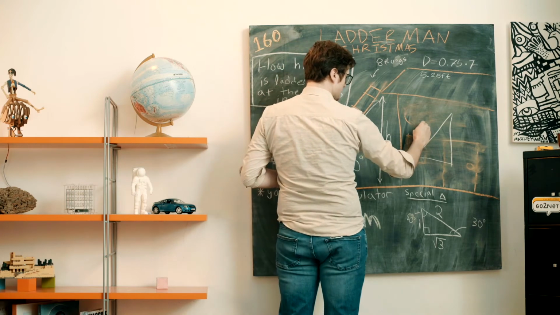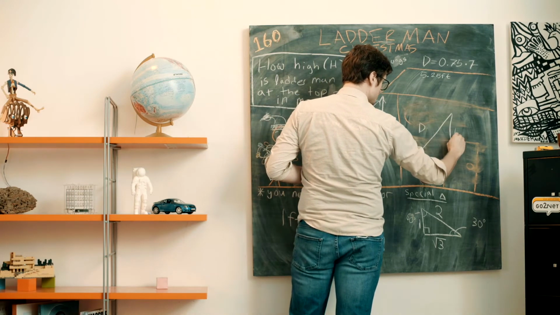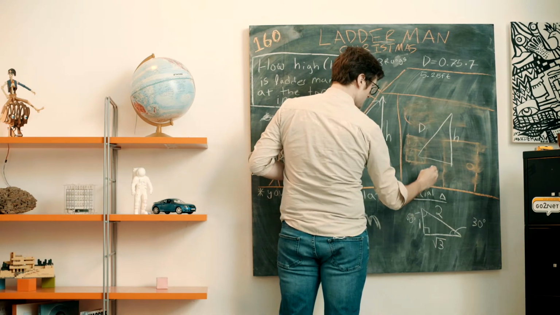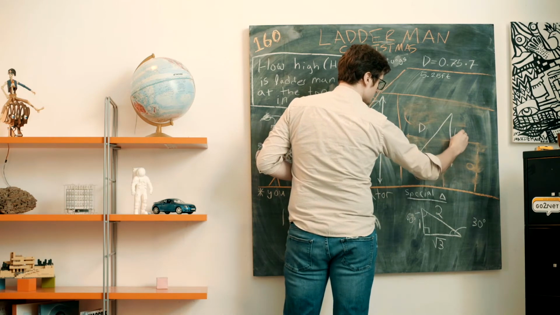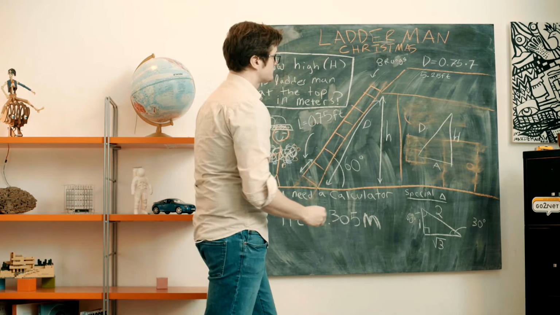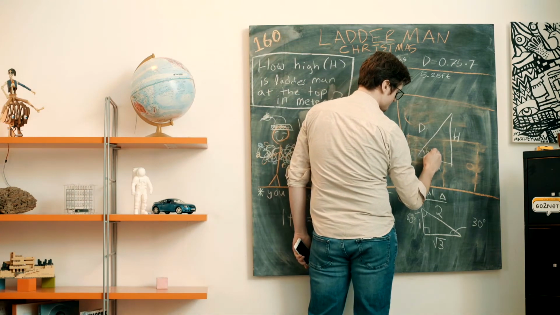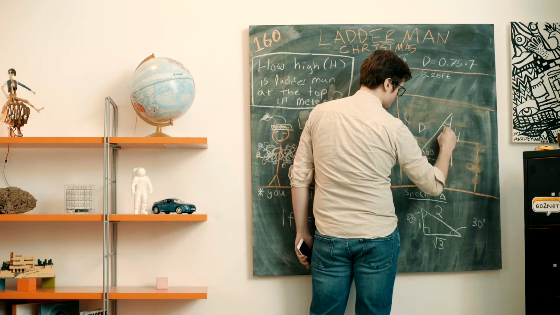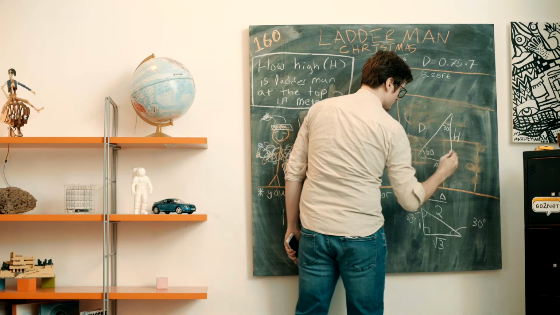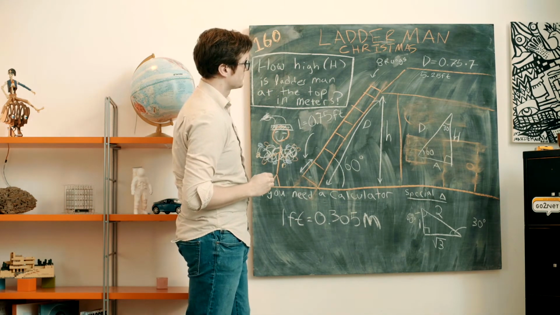I'm going to draw this as D, H, and A. And I'm going to mark this as 60, this is 30, and 90, sorry.